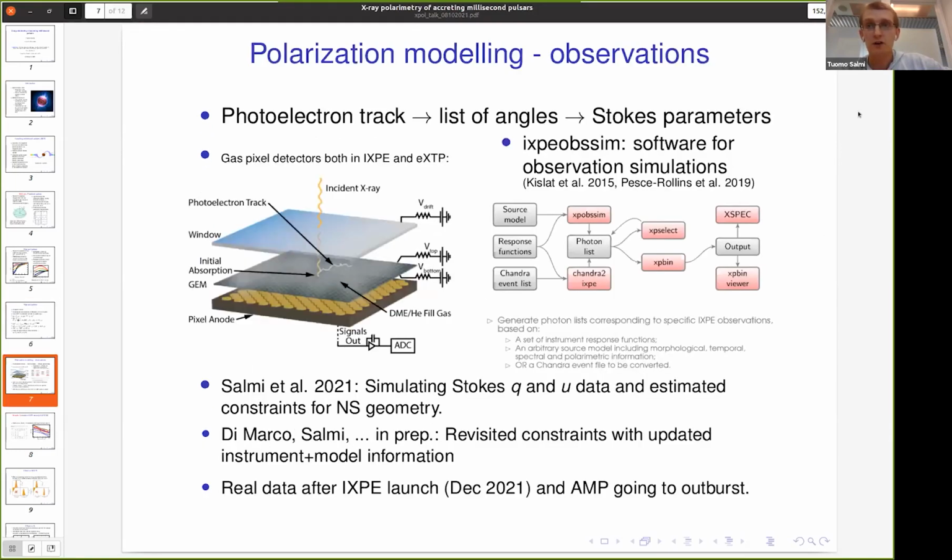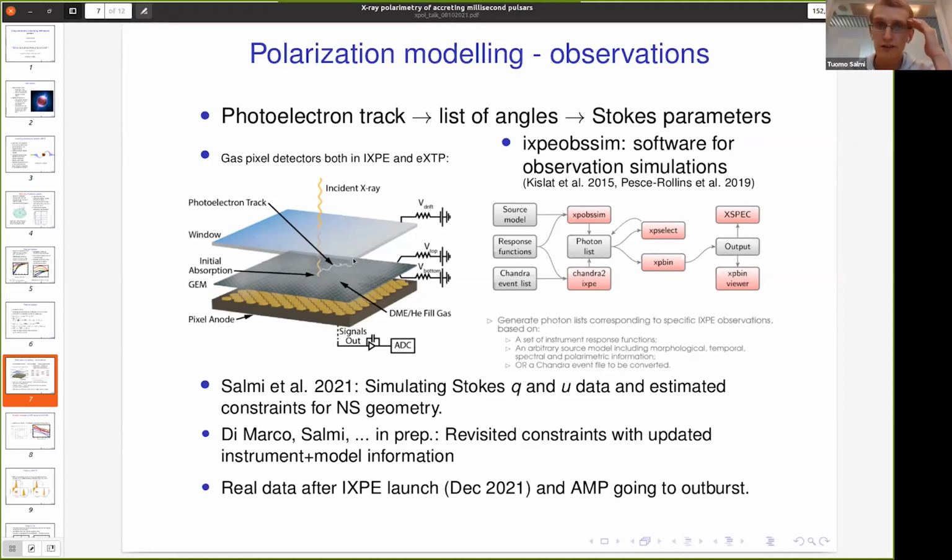And this is something we have not observed yet because the instruments are still coming. Next is IXPE, and eXTP will follow later. But IXPE is the first one. Both instruments use these gas pixel detectors, where every photon hitting the instrument causes, by the photoelectric effect, the emission of an electron, and the direction of this electron tells us about the polarization state of the radiation.